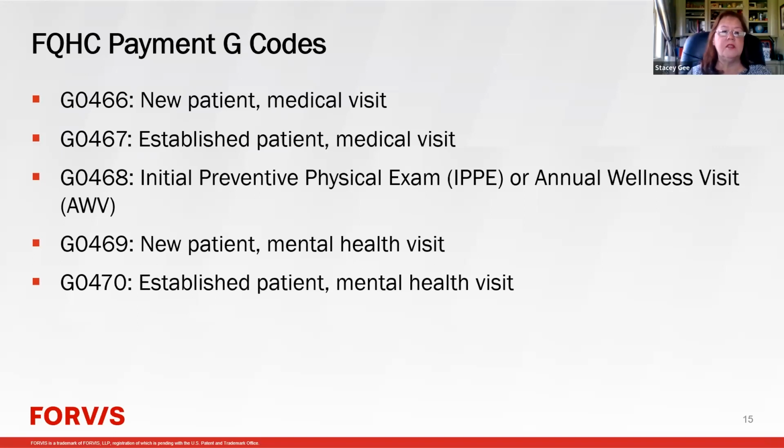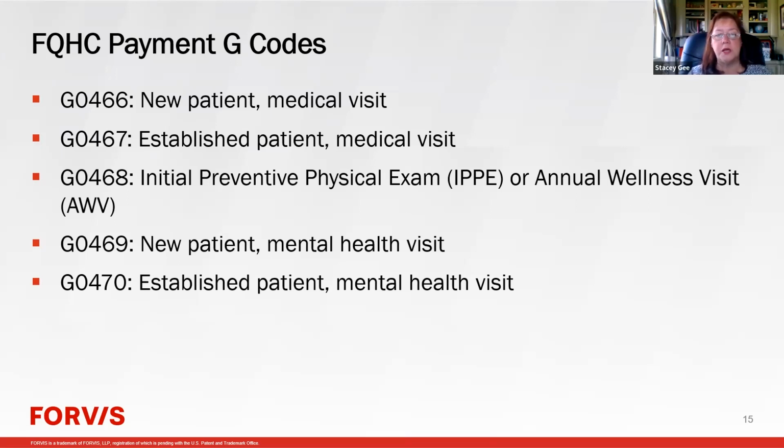Okay, so these are the FQHC payment G codes. We've got the five: the G0466, the G0467, the G0468, the G0469, and the G0470. You can see at the top the G0466 and the G0467, those are your medical visit payment codes.